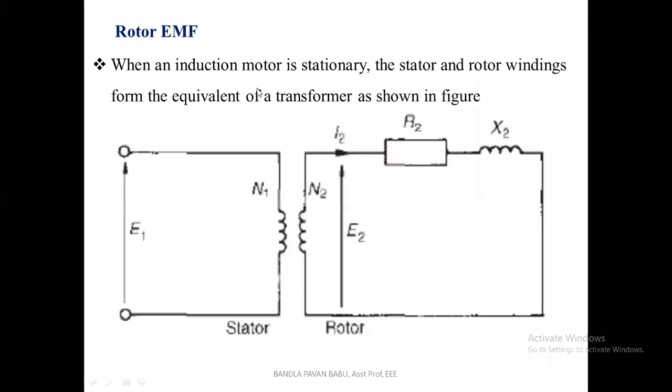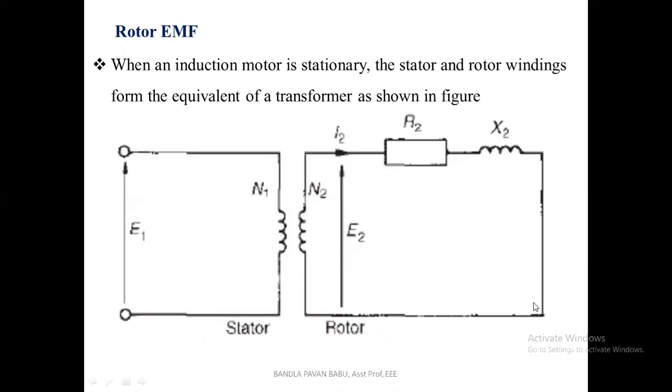When an induction motor is stationary, the stator and rotor windings form the equivalent circuit of a transformer as shown in the figure. We have discussed this circuit diagram in the transformer's equivalent circuit, right? Neglect the no load parameters, that is R0, X0, I0, the circulating and magnetizing currents. Only the primary induced EMF E1 for the turns N1 is considered, and on the secondary side, the rotor side, turns N2, induced EMF E2, and secondary current.